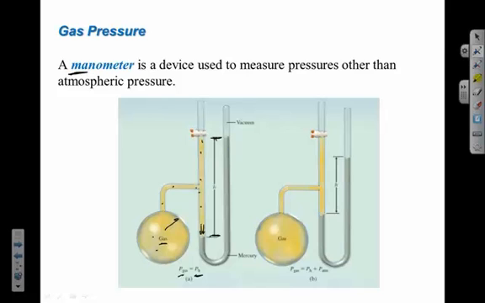The other design is slightly different. Instead of having this sealed with the vacuum inside, it's just open. So on the right-hand side, why does that setup have a smaller height than the one on the left-hand side?